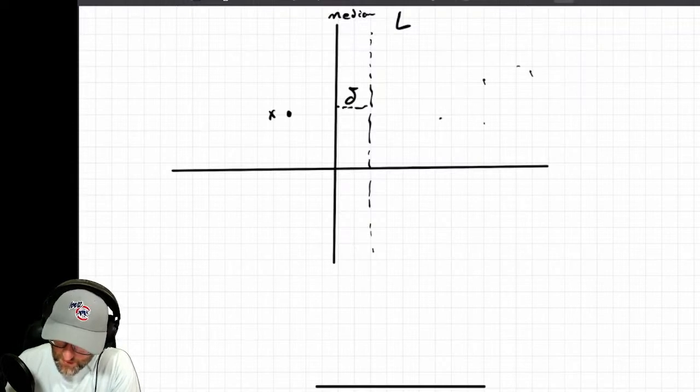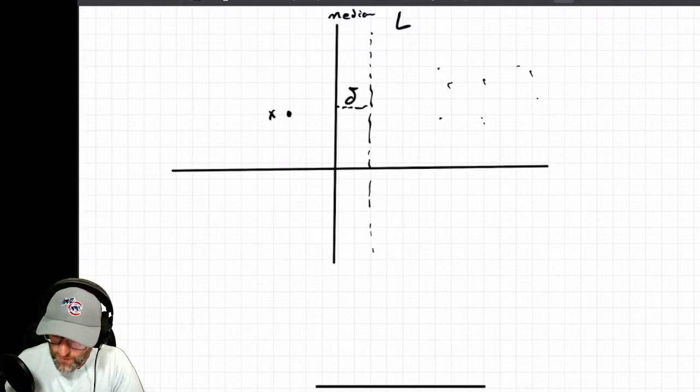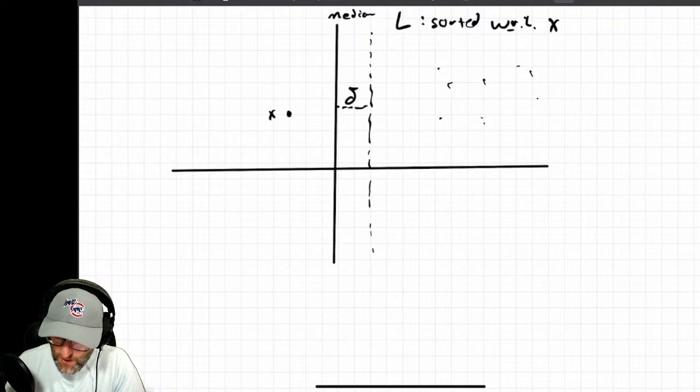All these other points over here, you can immediately throw those out, right? So how are we going to do that? Well, remember L was already sorted with respect to x. So all we need to do is jump to the point in the partition that is delta distance away, and we can do that using binary search.